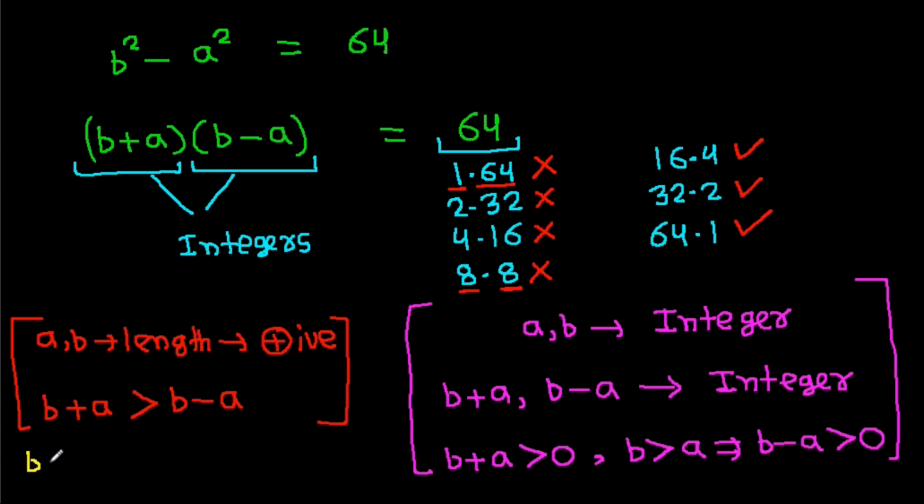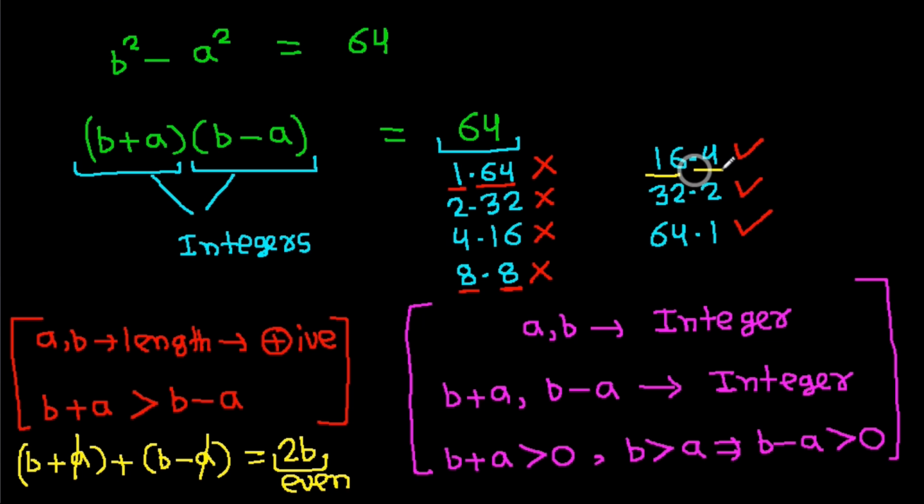Now if we add b plus a and b minus a, then a will get cancelled and it will be 2b, that is even. 16 plus 4 is 20, that is even. 32 plus 2 is 34, that is even. But 64 plus 1 is 65, that is odd. So it is not possible.